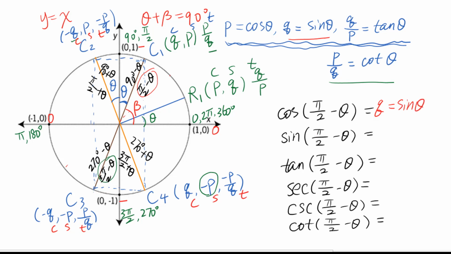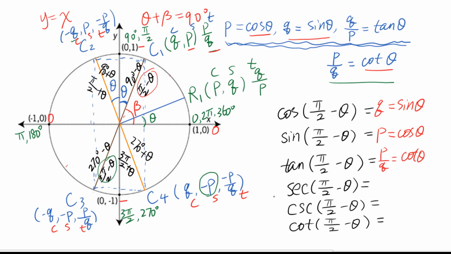Sine pi over 2 minus theta will be equal to P. P is cosine theta. Then for tangent, pi over 2 minus theta equals P over Q. P over Q equals cotangent theta.